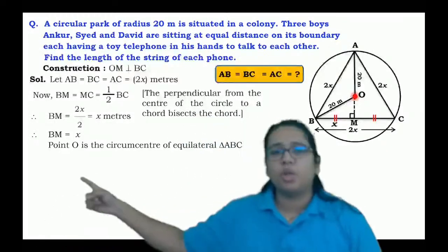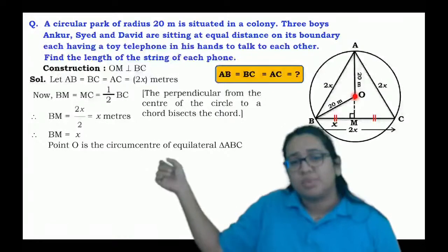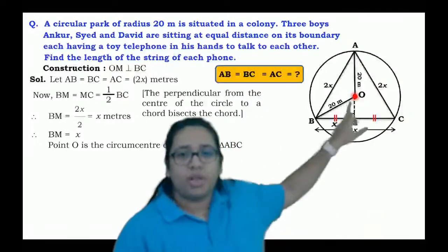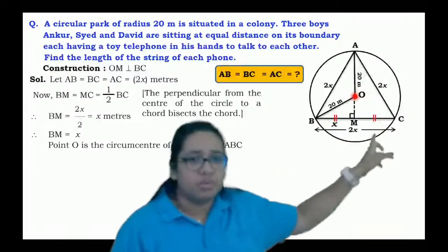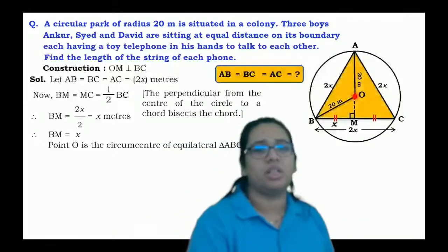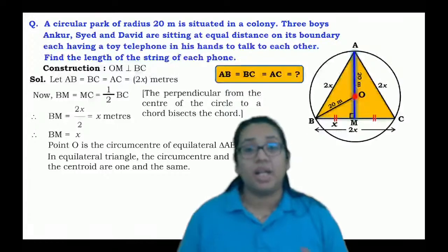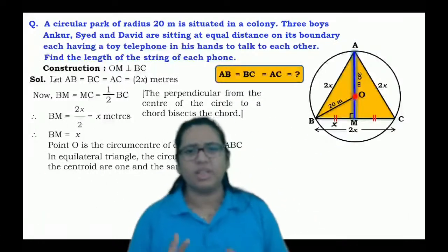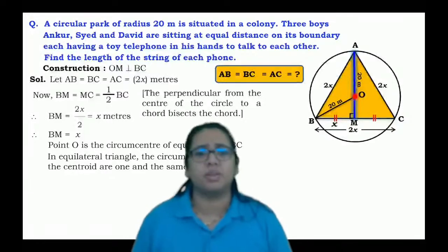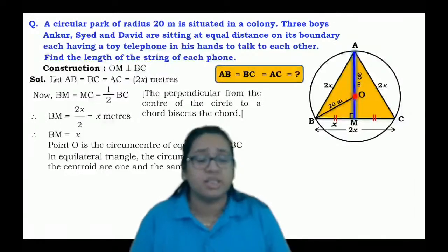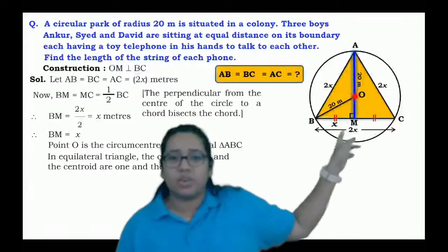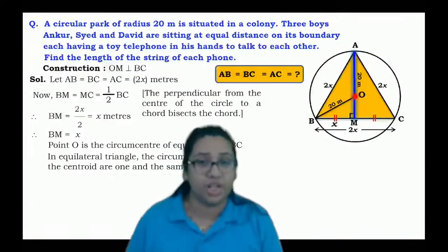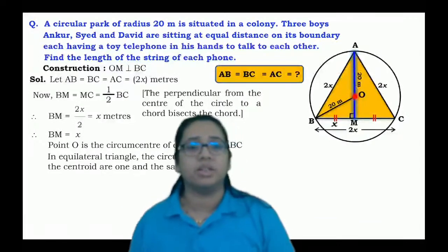Now point O is the circumcenter of the equilateral triangle. Each and every vertex of the triangle is on that circle.